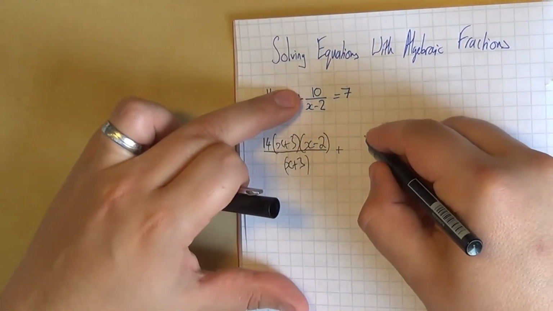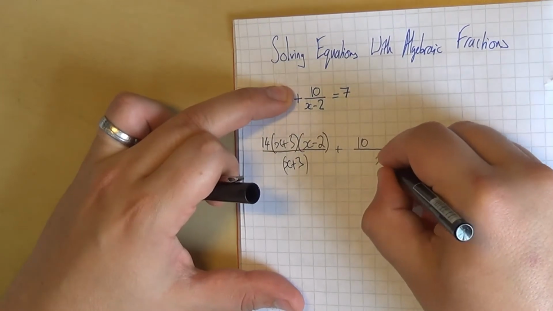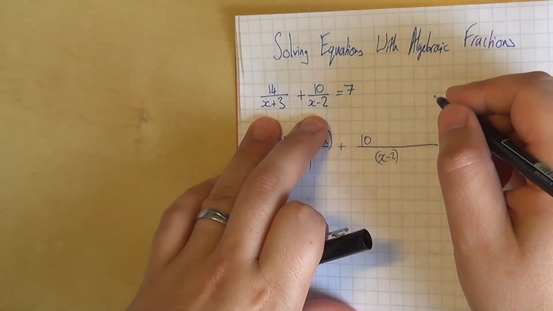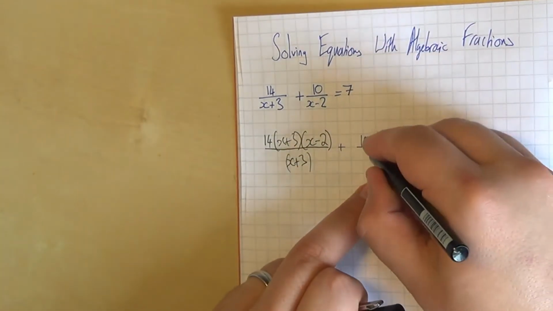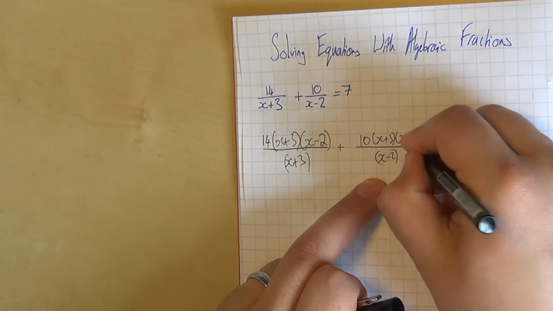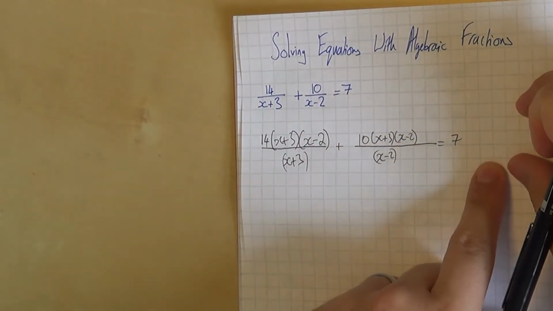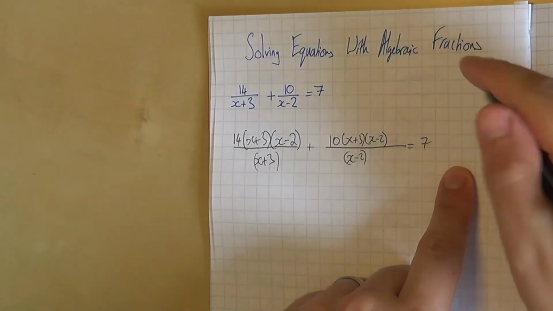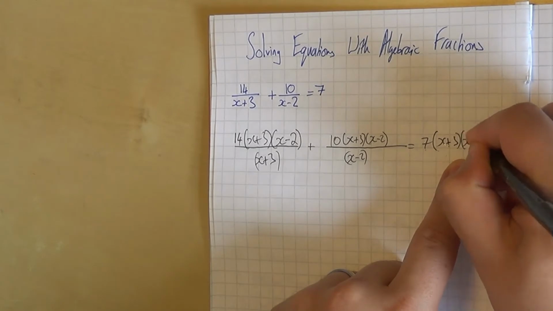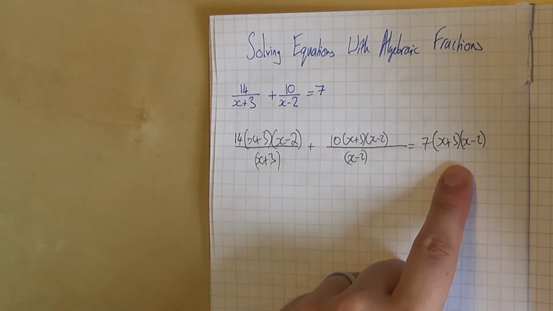This second fraction is 10 all over x take 2 multiplied by all the things there that we're multiplying by. And then because we multiply the left hand side by a bunch of stuff, the right hand side needs to multiply by the same thing, otherwise it won't be equal anymore. And there you go, that is everything multiplied out.